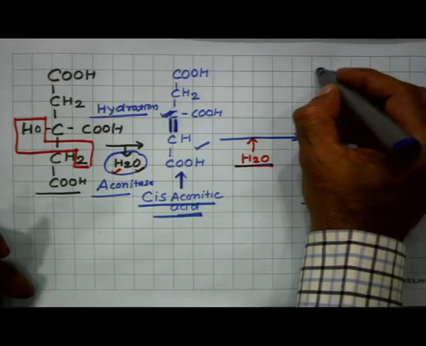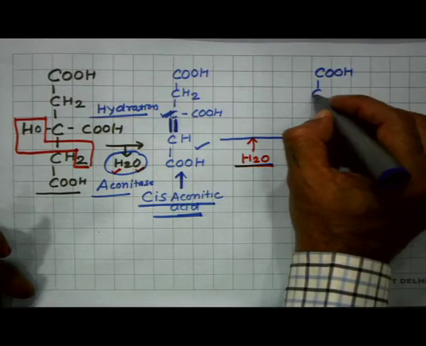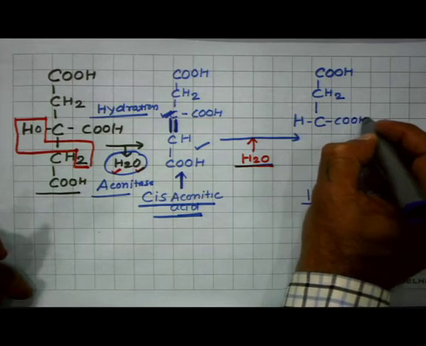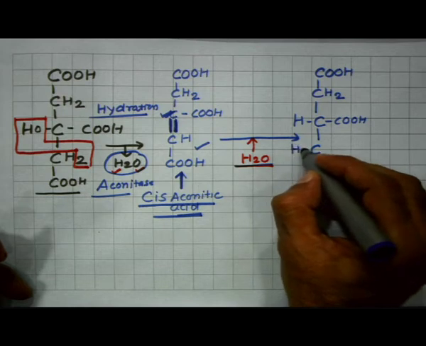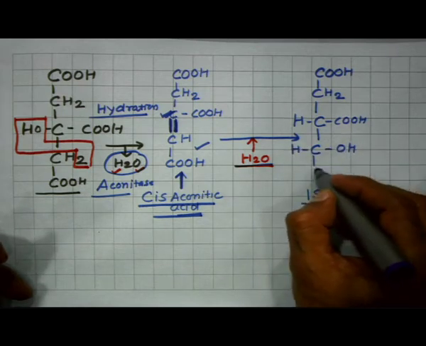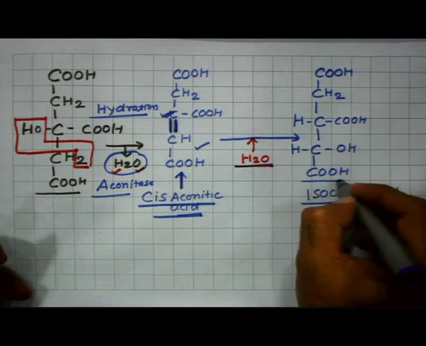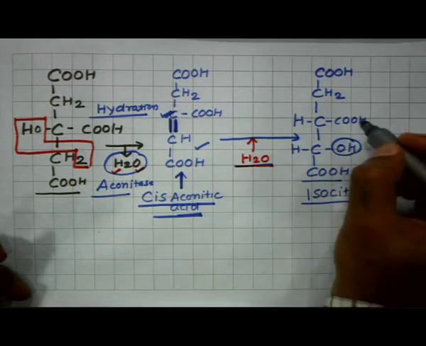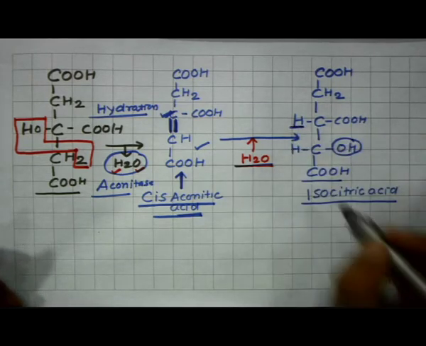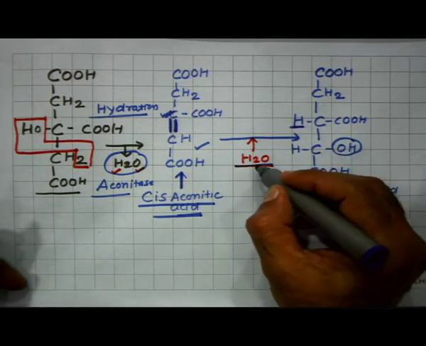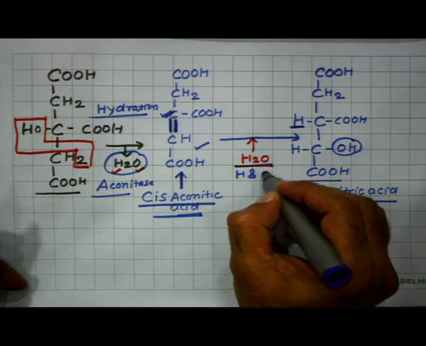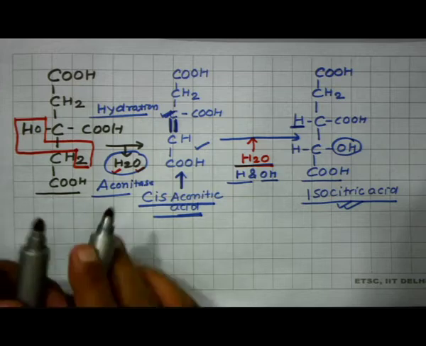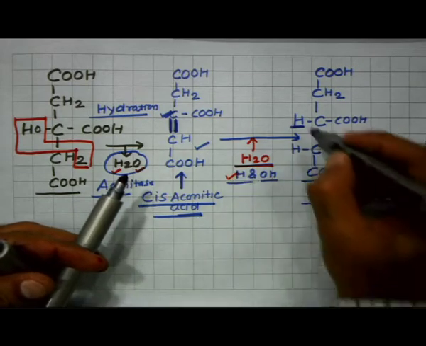H2O is going to be used here: COOH, CH2, CH, COOH, CH, OH, COOH. What is the difference? OH is here and H is here. So, you can easily write where the H and OH are used, and we can easily write the structure, that is isocitric acid.